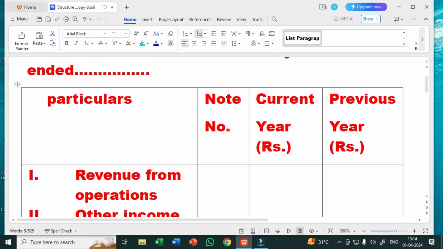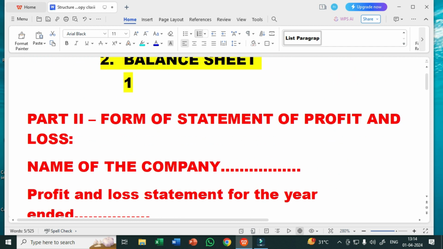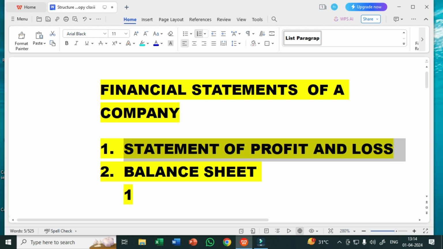Now here, I am only going to discuss a few things with you about the financial statements. Okay, and now, name the two basic financial statements of a company. So all of you have understood: a statement of profit and loss and a balance sheet.